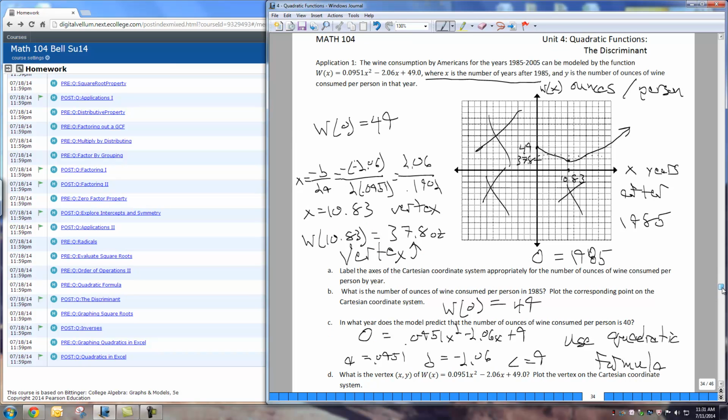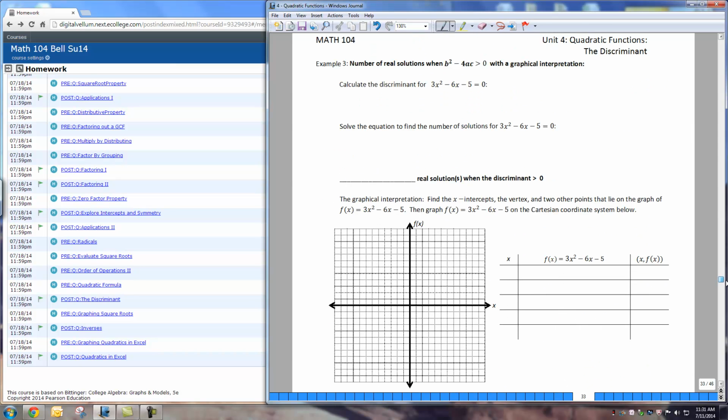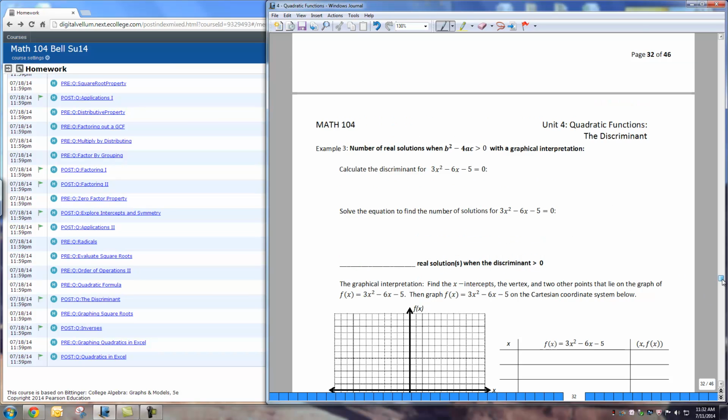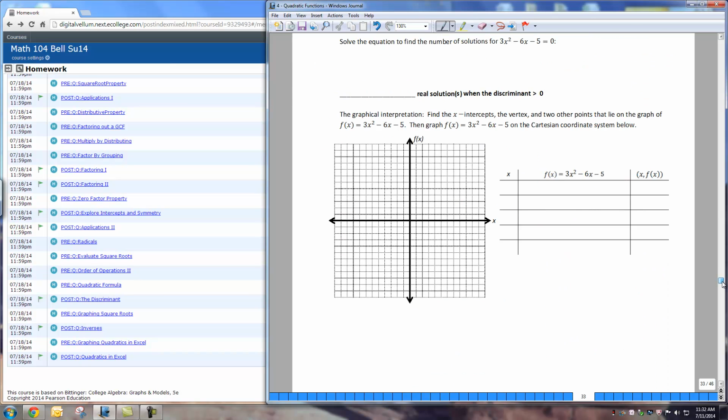All right. And to do that, you plug values in. So I'll do it here with a little bit simpler problem. So I'm going to find the x values, the solutions to this equation. So I have A equals 3, B equals negative 6, and C equals negative 5.